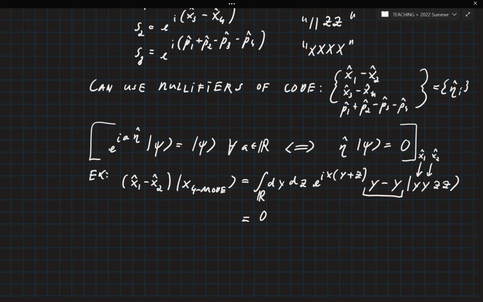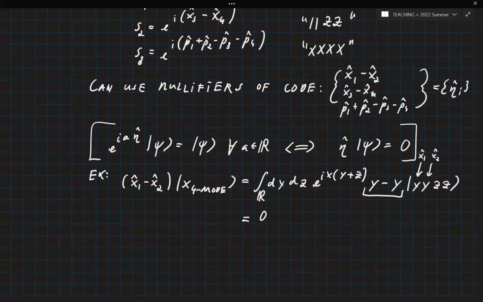So these nullifiers give you several advantages. First of all, measuring them is a fairly physical process. It's called homodyne detection, and they allow you to diagnose the syndrome. So in this case, the syndrome is a continuous variable, and there are as many syndromes as there are nullifiers, and measuring the nullifiers gives you the syndrome.